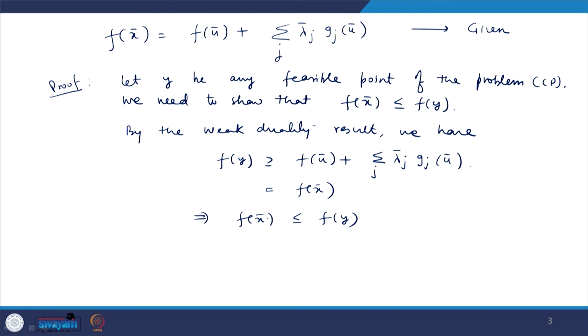And similarly, if you want to show that u bar lambda bar is an optimal solution of the dual problem, then, so this implies x bar is the optimal solution of the C p. Now, let u lambda be any feasible point of the problem D. Okay.